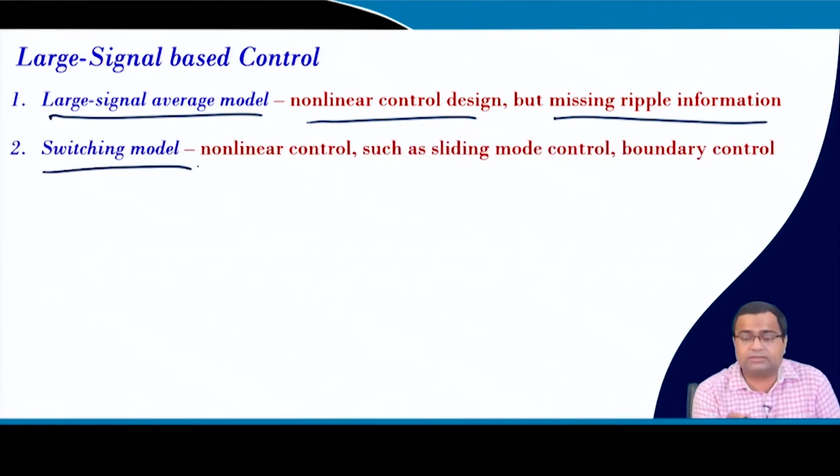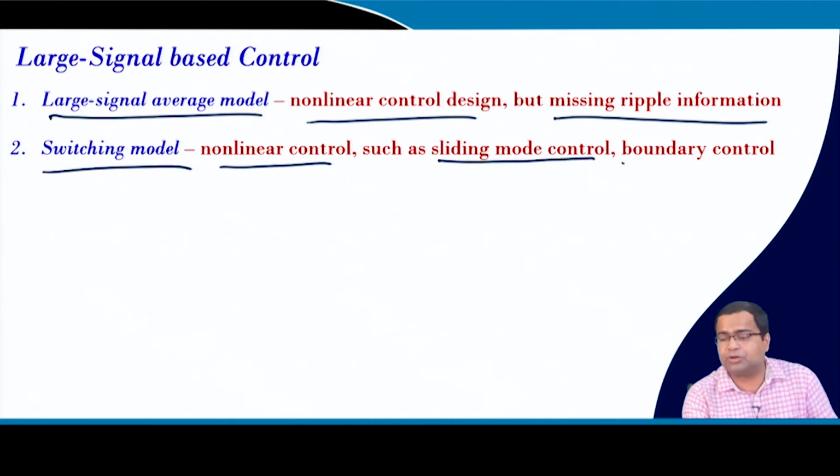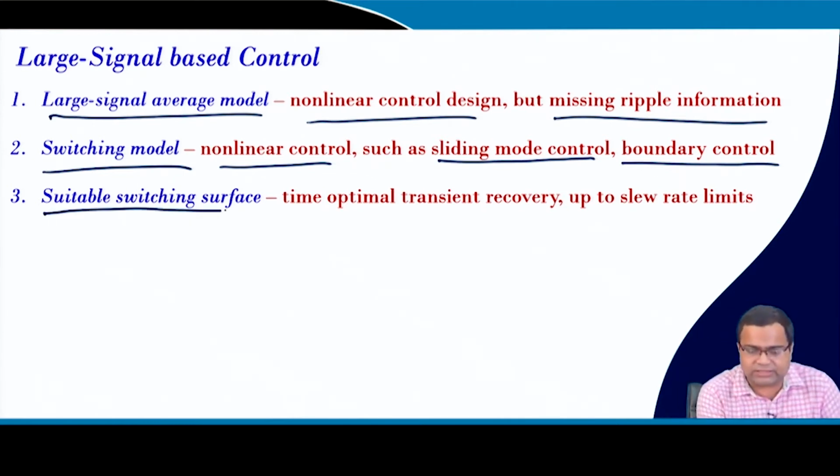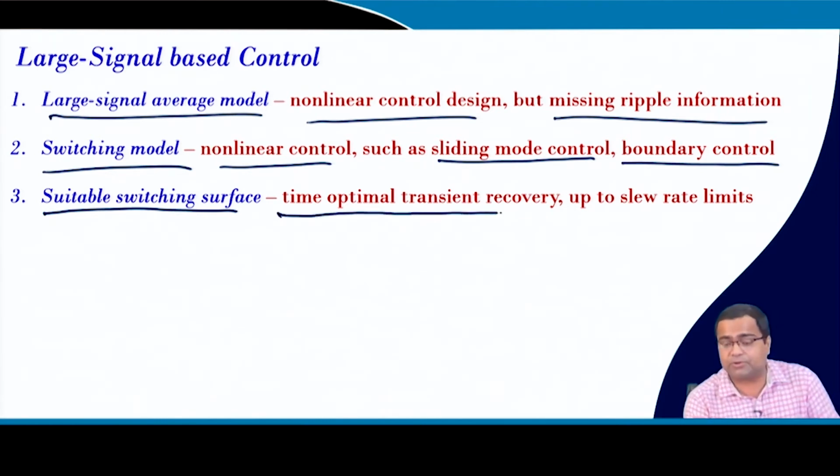So, with switching models we can use nonlinear control such as sliding mode control and boundary control, and we can reach up to the fastest switching surface as the fastest control, time optimal control. Then the suitable switching surface for such control is very important to achieve time optimal recovery up to the slew rate limit.